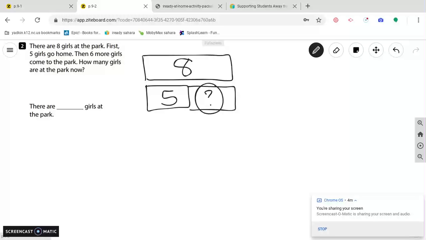If 8 girls are at the park and 5 girls go home, what's this? This should be the girls that are left at the park. So let's go ahead and solve that one. Whole minus part equals 8 minus 5 is, I hope we're saying, 3. 8 minus 5 is 3.